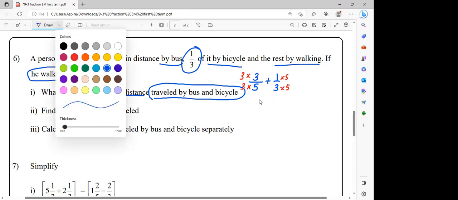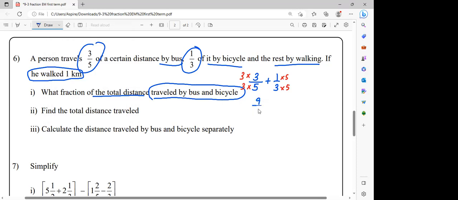Look at 3 into 3, it's 9. 3 into 5, 15. 1 into 5, 5. So 9 plus 5 is 14 upon 15. Then out of 15 equal parts, 14 parts have been traveled by bus and bicycle. Okay, this should be the answer.